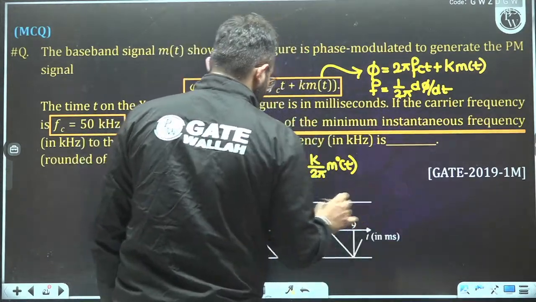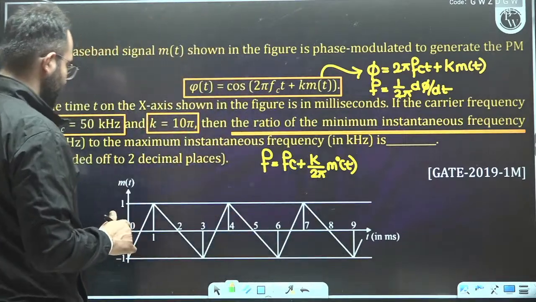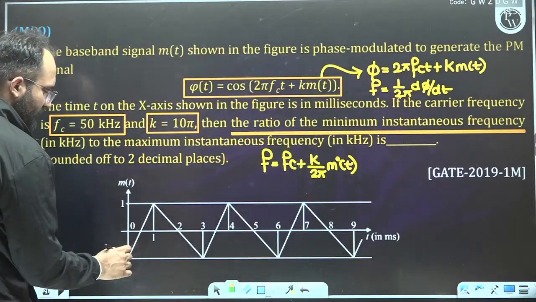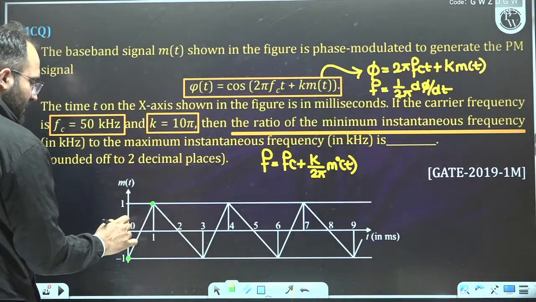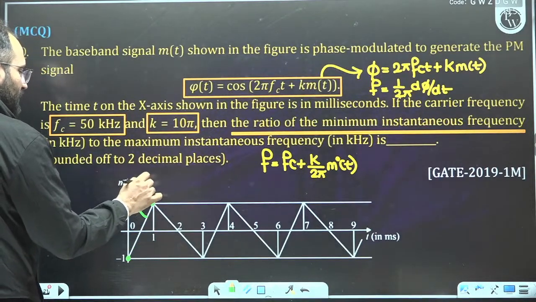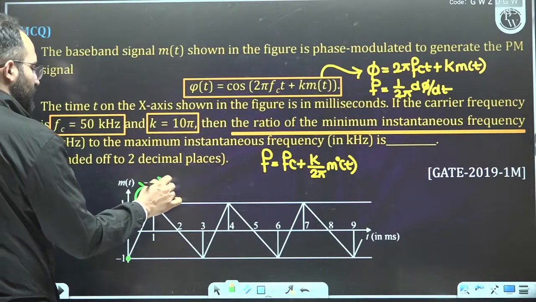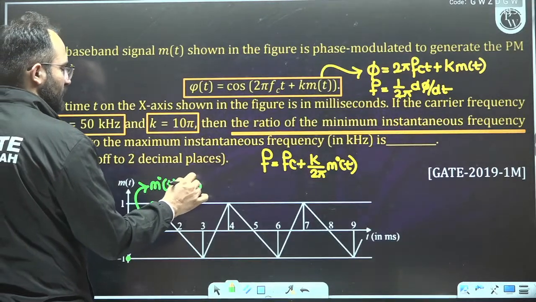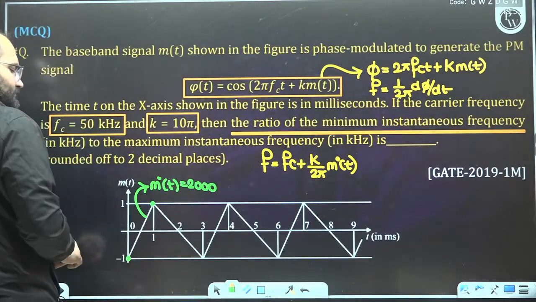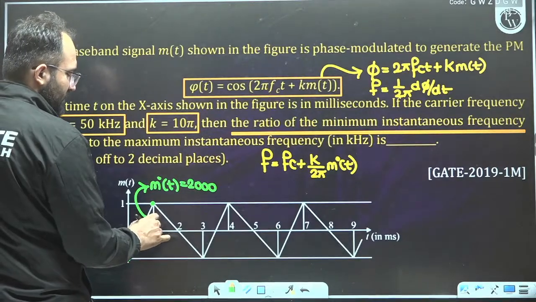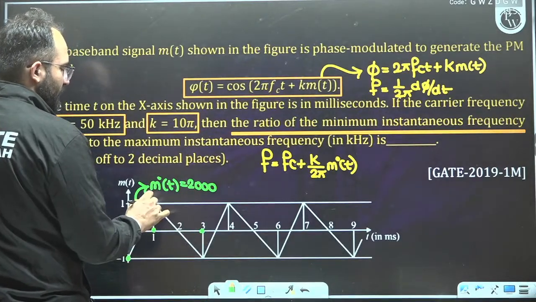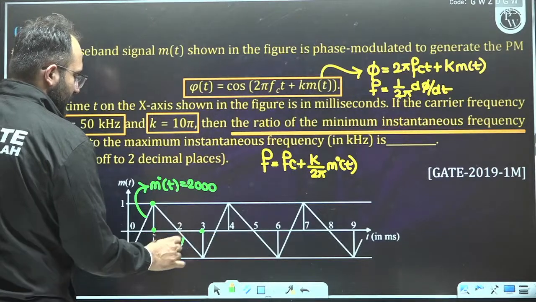Now let's find the derivative of the message. The message is going from -1 to +1 in 1 millisecond, so we can see that m dash t is 2000. From 1 to 3 it is going from +1 to -1, so here the derivative will be negative.